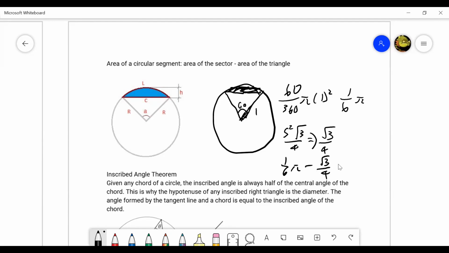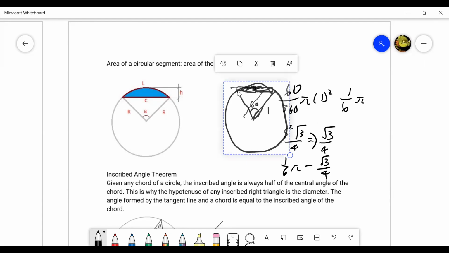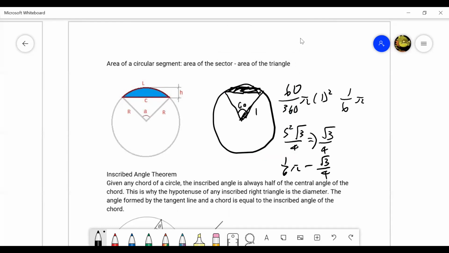That is how the circular segment works. And this works for any angle, although usually the angles have to be nice enough that you know how to find the area of the triangle. But the concept still remains.